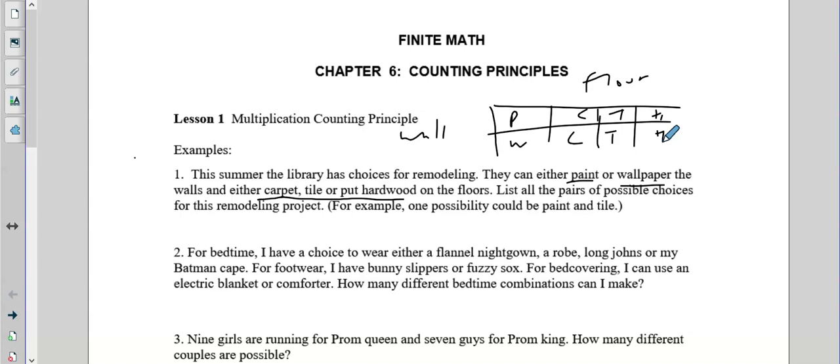So basically, you're looking at a 2x3, 2 choices by 3 choices. You don't even have to make a table. You can say, the wall is 2 choices and the floor is 3 choices. Either way, it ends up being 6 possibilities. Okay?